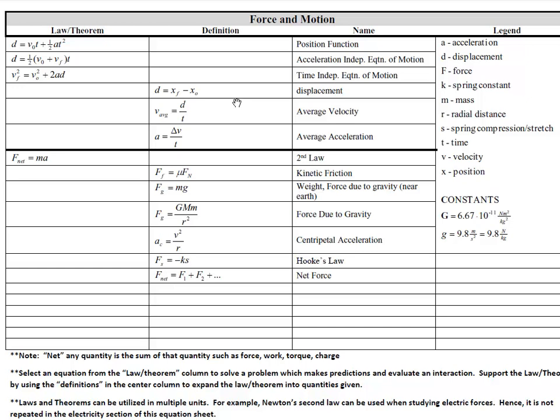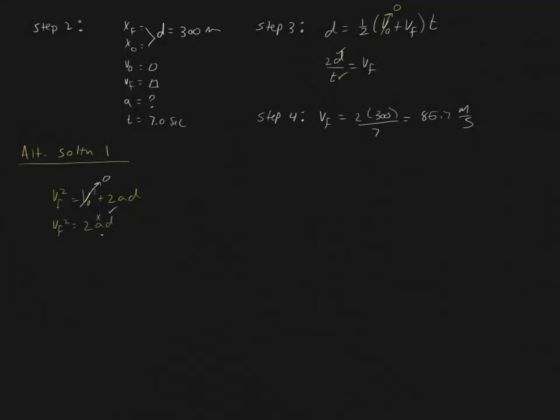There's only one equation with acceleration in it, and that's going to be the definition of acceleration, delta v over t. So off to the side, to get the acceleration, I'm going to write a is equal to delta v over t, or a is equal to v final minus v initial over t. We know that v initial was 0, and so a is equal to v final over t.